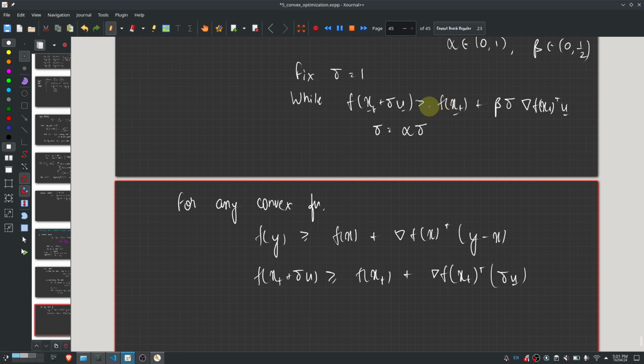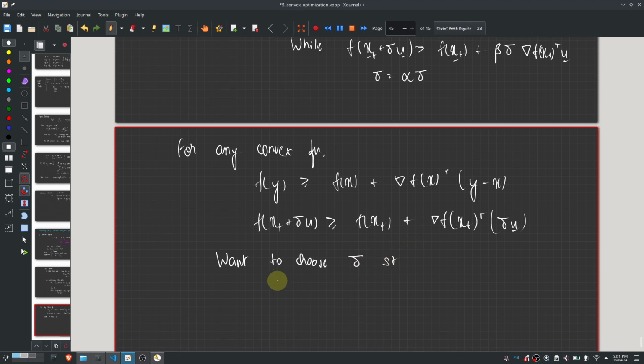We want to choose delta such that f of xt plus delta times u is less than or equal to f of xt plus beta times gradient f of xt times delta u, for some beta between 0 and 1.